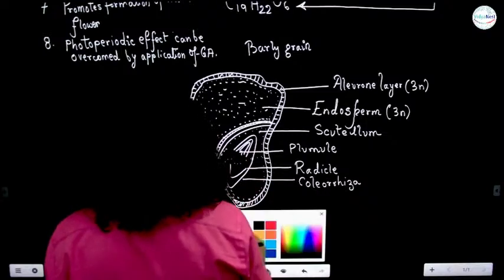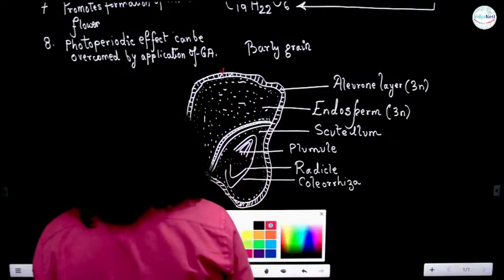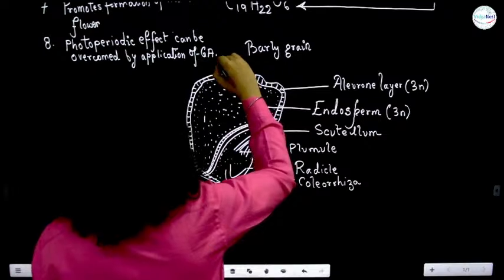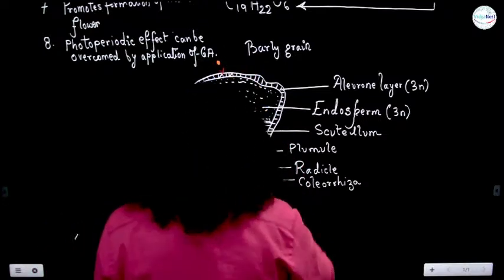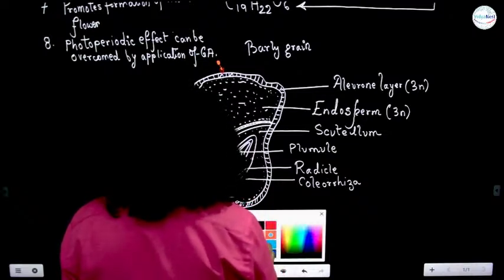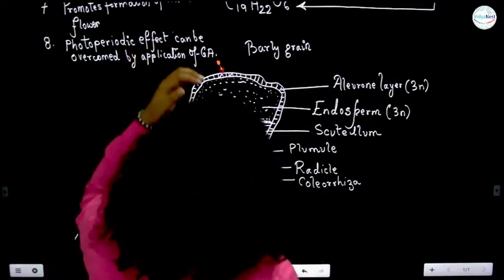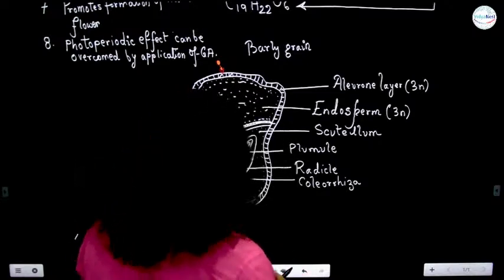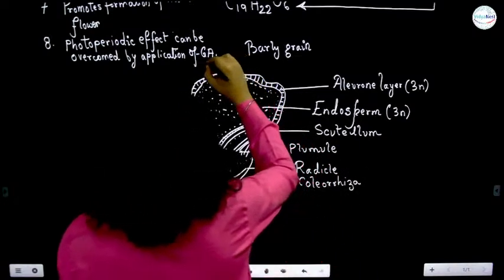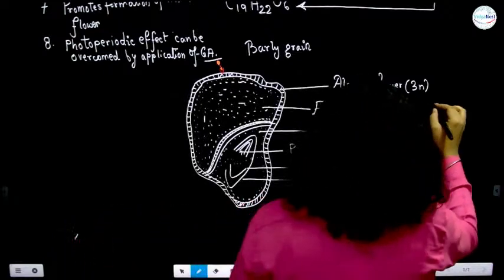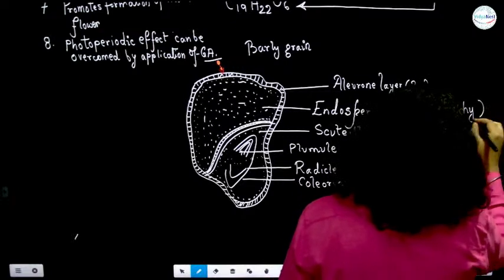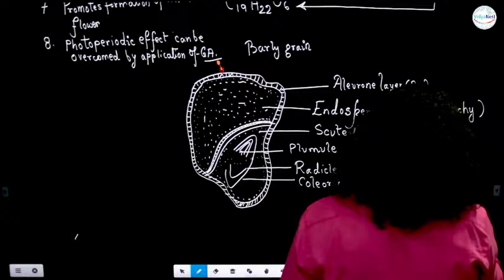Whenever the gibberellin comes and binds with the aleurone layer, it will convert the starchy endosperm to glucose.